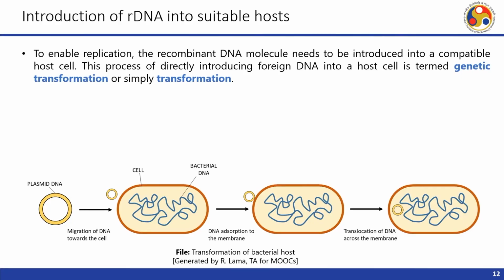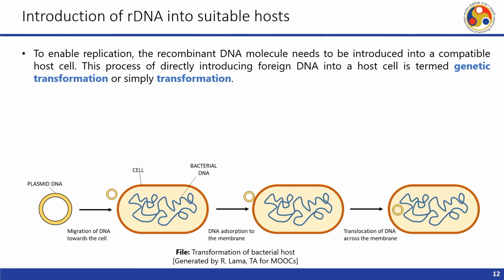The ligation mixture contains various interconnected DNA molecules, including the vector bonded to the target DNA. Once the vector is loaded with the target DNA or insert DNA, we go for the introduction of the rDNA into a suitable host. To enable replication, the recombinant DNA molecules need to be introduced into a compatible host cell.